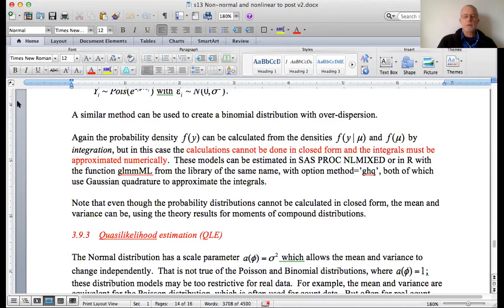Yeah, I don't remember that issue that you're talking about with GLMMML, but I'm not saying it didn't happen. I don't remember it well enough. But an alternative would be the LME4 package and LME. Okay. Yep, take a look at that one. Sorry about that if I gave you bad advice. No problem.